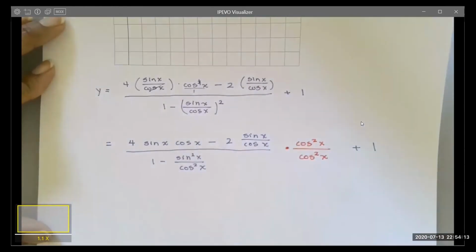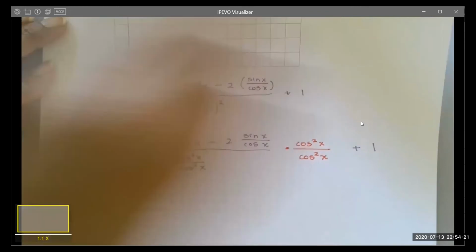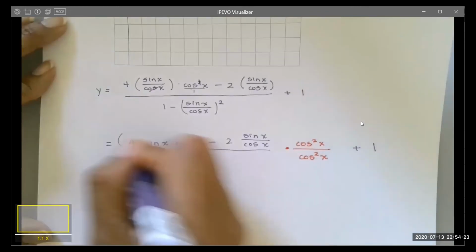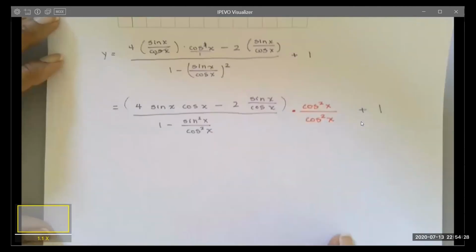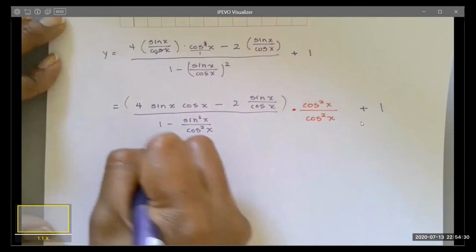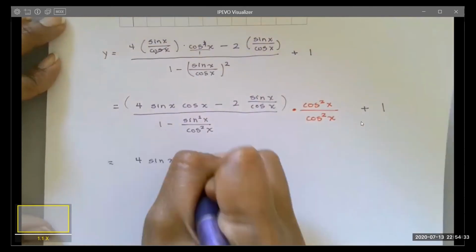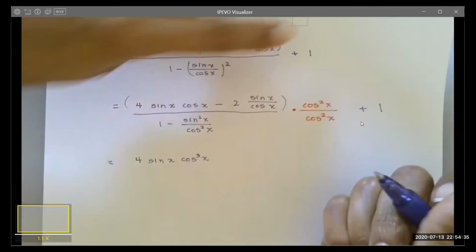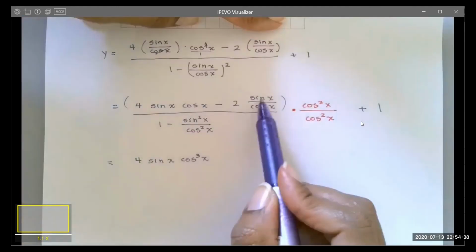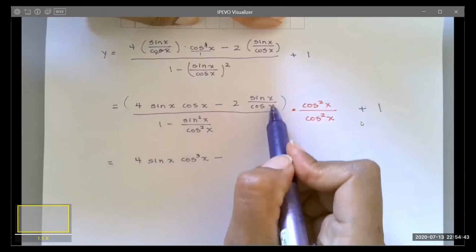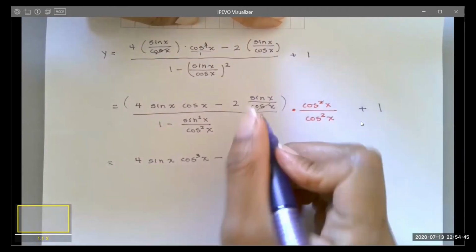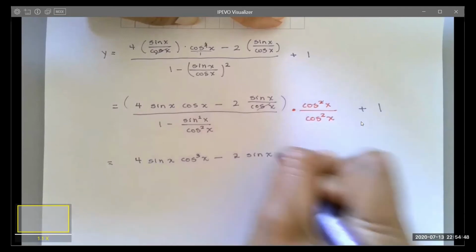And so at the top, I'll have to distribute cosine squared multiplied with the 4 sine x cosine x. That is going to be a 4 sine x cosine cubed x. And then 2 sine x cosine x times a cosine squared x. One of the cosines will cancel, and we'll end up with a 2 sine x cosine x.